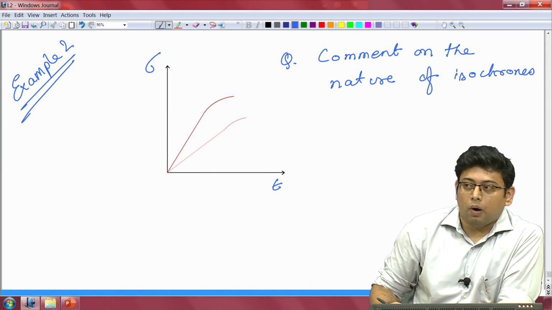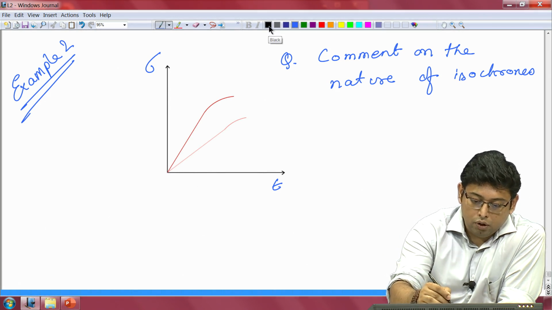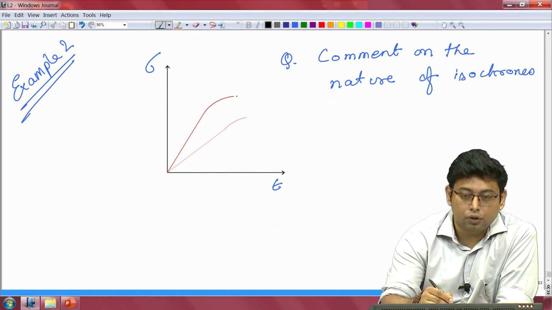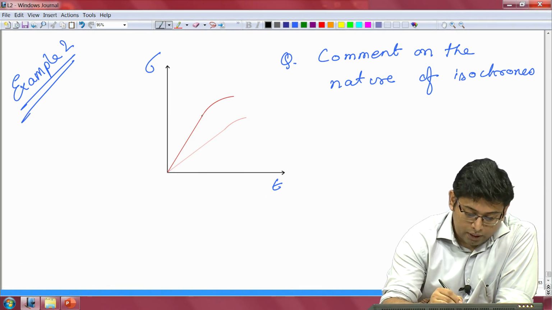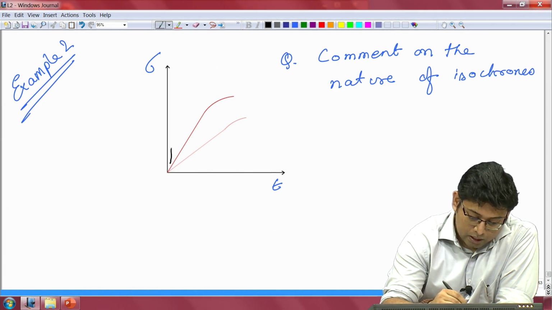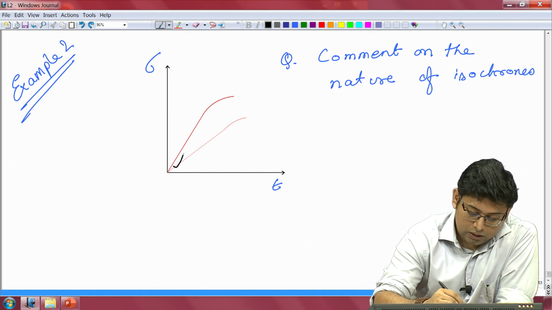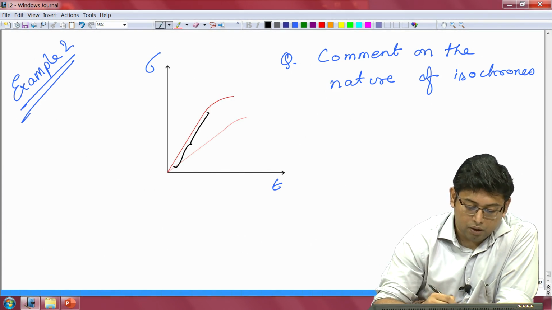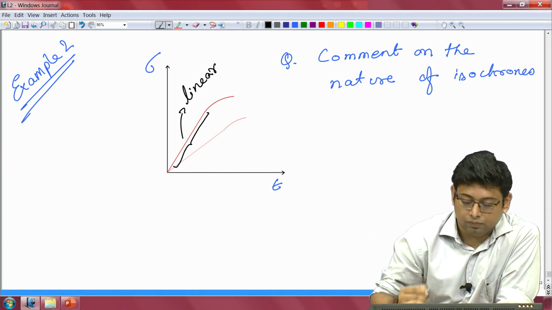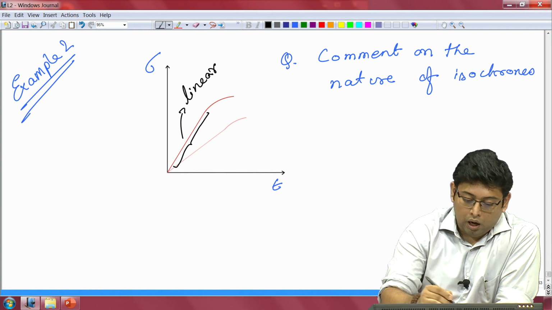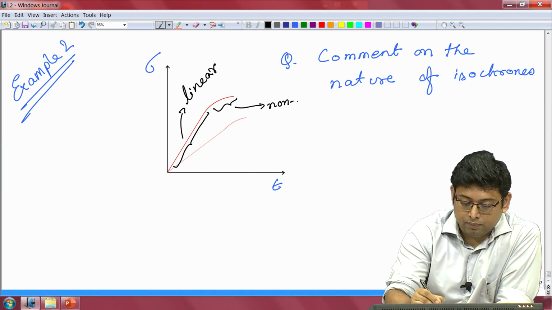This is a qualitative problem, and the thing that I wanted to point out is that if you look at this graph, these are the two curves. There is a part of it, for example this particular part, which seems to be very nicely linear, and then there is this part which is non-linear.